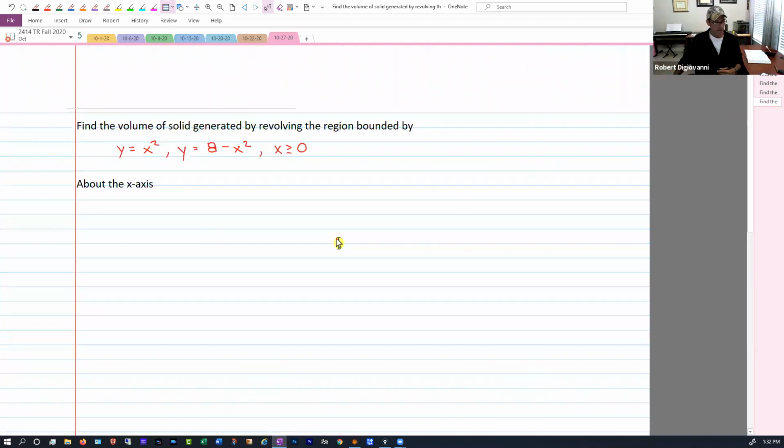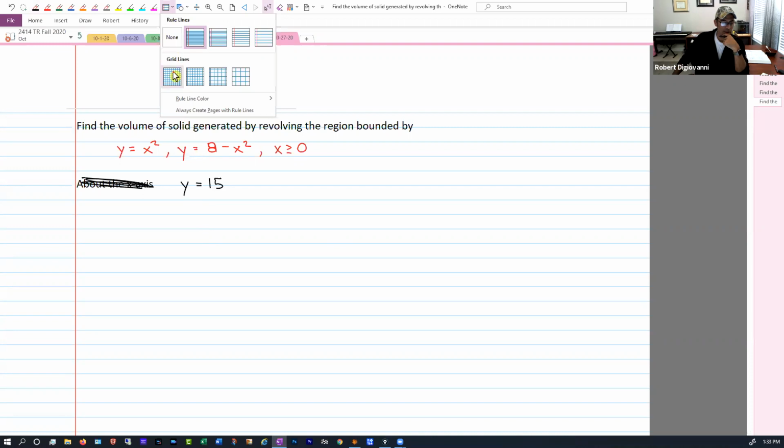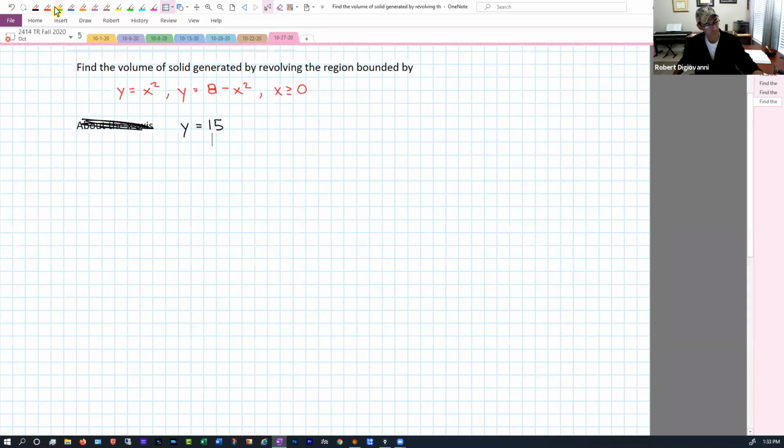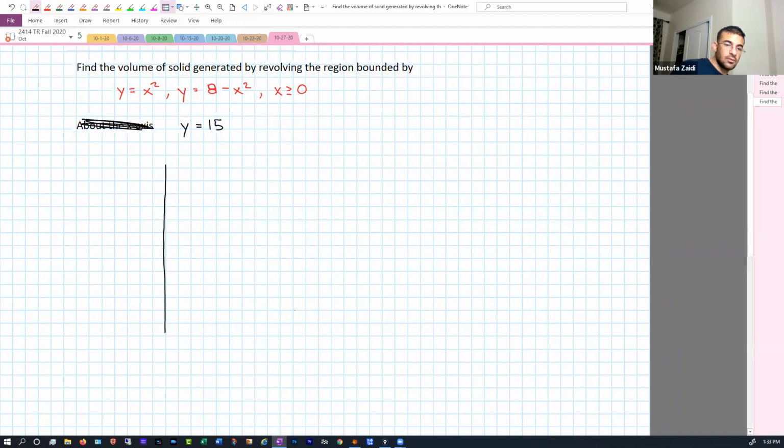I'd keep asking. Okay, so now I'm going to change it again. We're not going to go around the x-axis, and we're not going to go around y equals -4. Let's go around y equals, I don't know, 15. So that's another horizontal line, isn't it? But this time, where is it? Above the x-axis, positive. It's way up above our region.